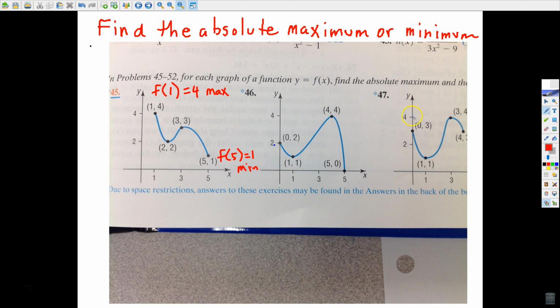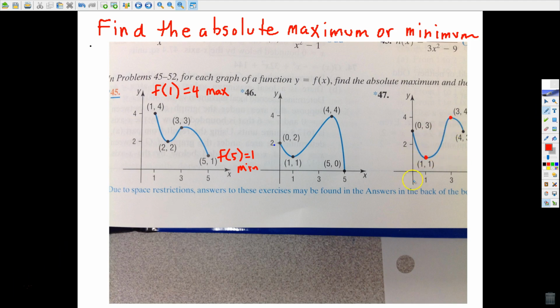Okay, easy enough. Let's jump over here to number 47. On number 47, we have this minimum value down here, an absolute. It's a turning point. And then we have this maximum value up here.